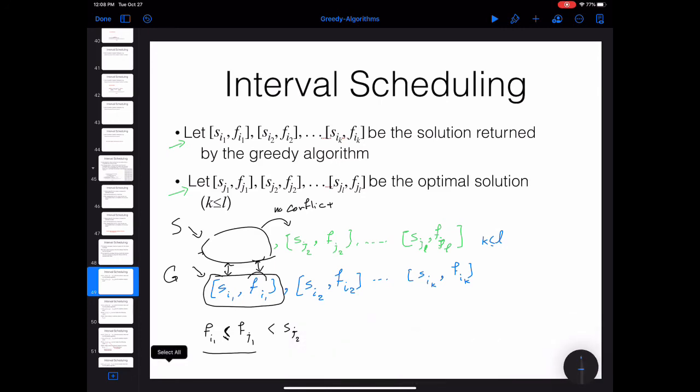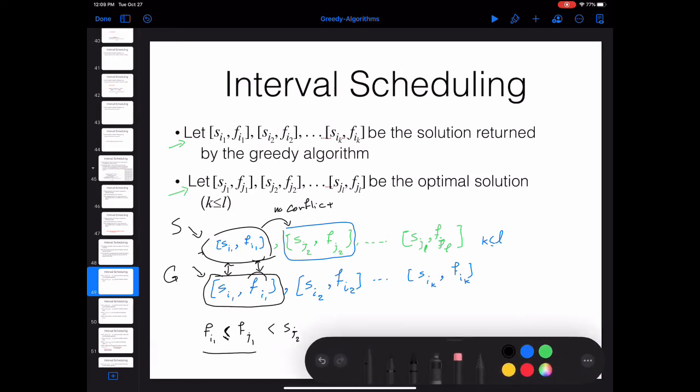So I have replaced the first job in the optimal answer with the first job of the greedy. And there will be no conflict, right? I didn't make the optimal answer worse.